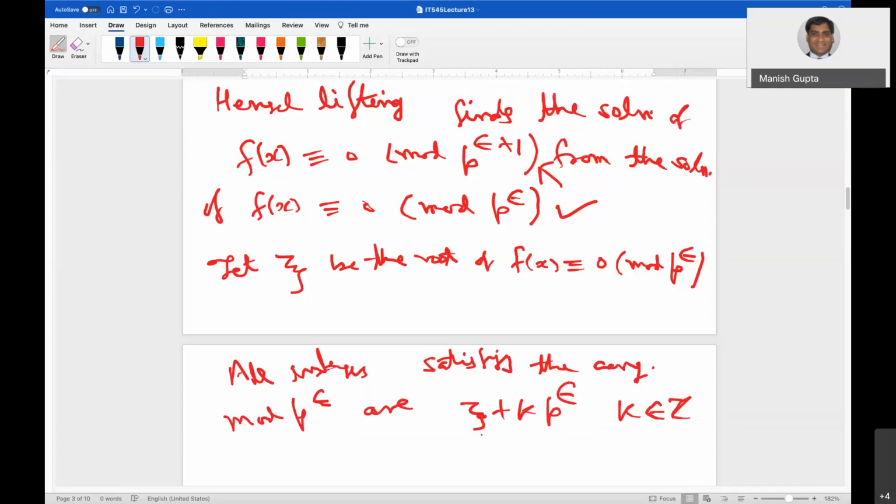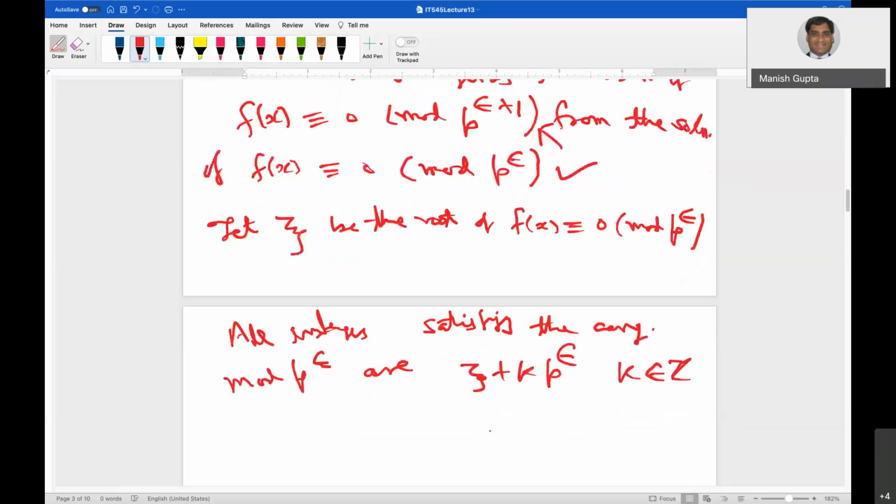All the integers satisfying this are xi plus some multiple of p raised to power epsilon, because if you divide by p raised to power epsilon, this portion will go to 0 and you are left with xi, right? So all integers satisfying the congruence modulo p raised to power epsilon are of this form.